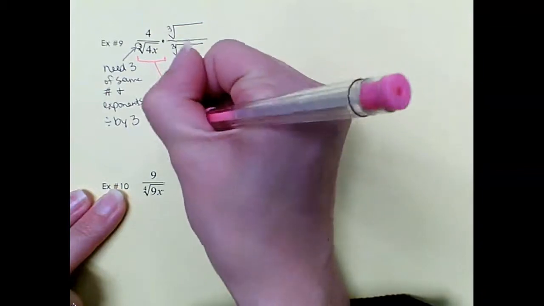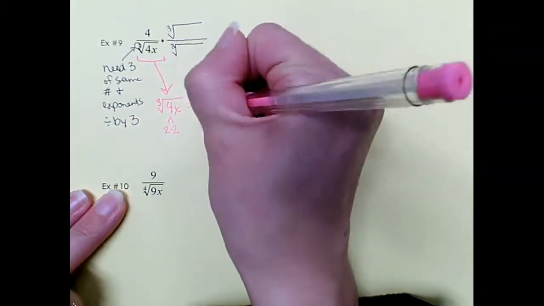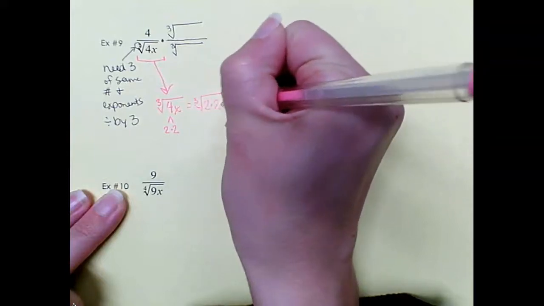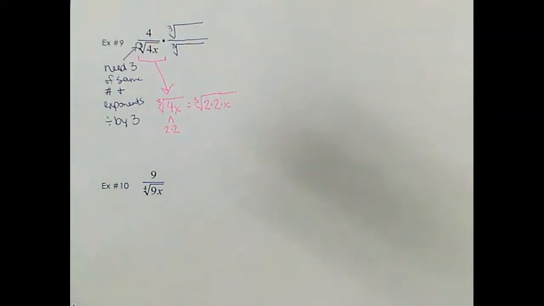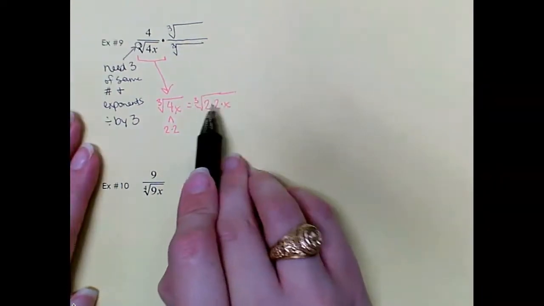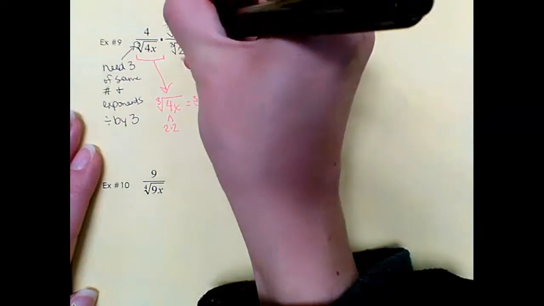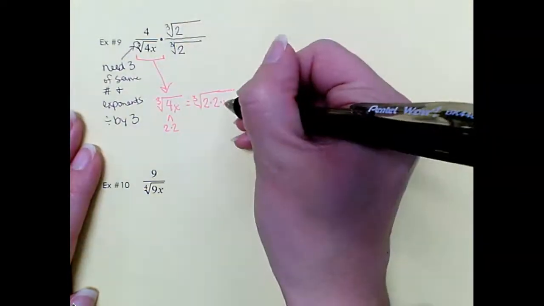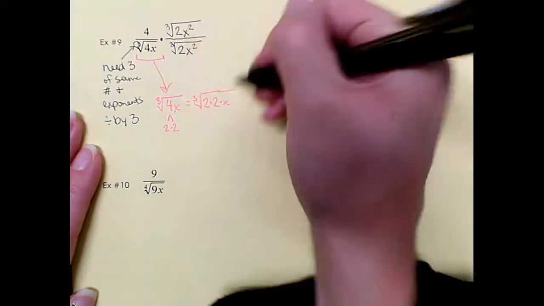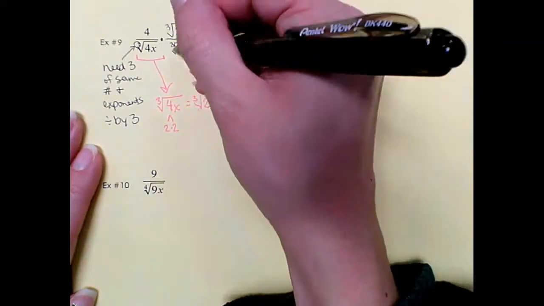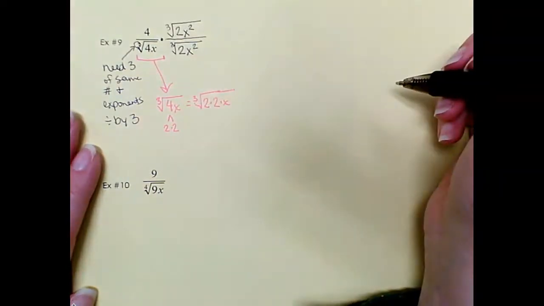And I can break this into 2 and 2. So what this really is the cube root of 2 times x. Well, I need 3 of the same number and exponents divisible by 3. So that means that I need a 2, and another 2. I need an x and another x squared. Because x times x squared is x to the power of 3, and that would be divisible by 3. So this is what I need.